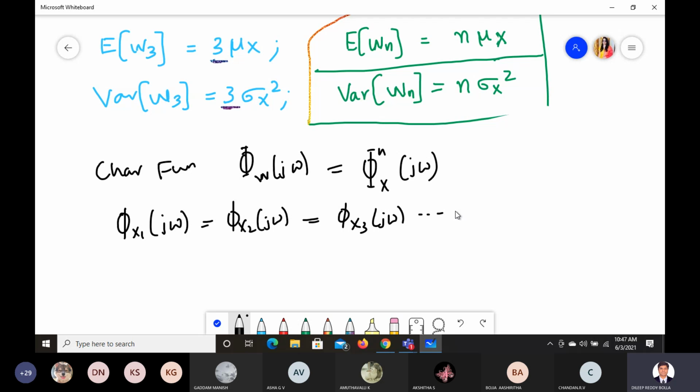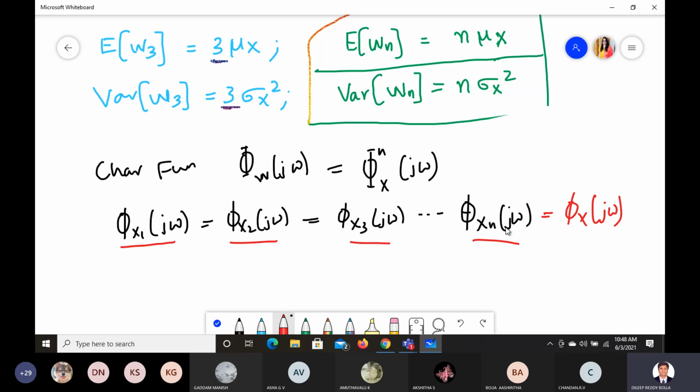So this is going to be equals to, finally, so on up to phi xn of j omega. So finally what is that? That in general we can write it as phi x of j omega, which means they are identical. So what they mean to say here is for x1 and for x2, for x3, for xn, all in general we can write it as like this. So this is nothing but your identical.